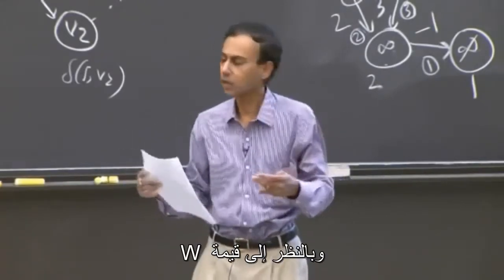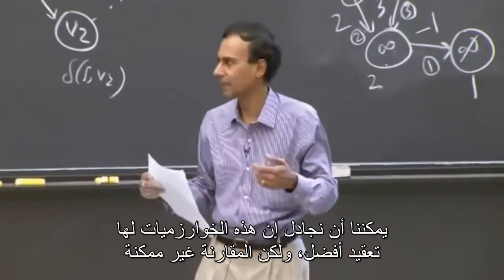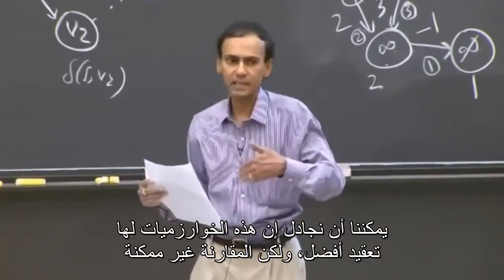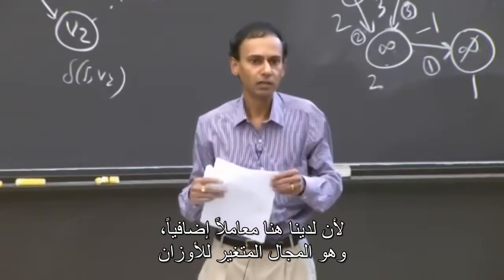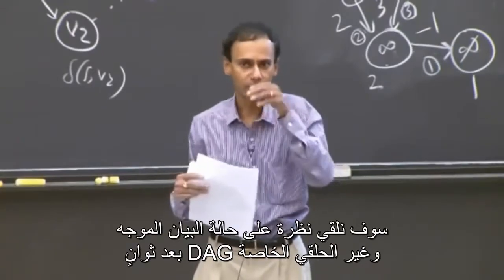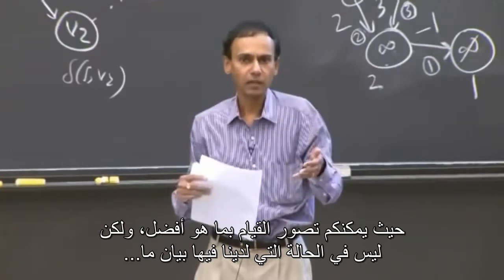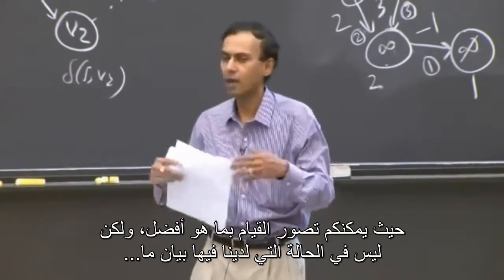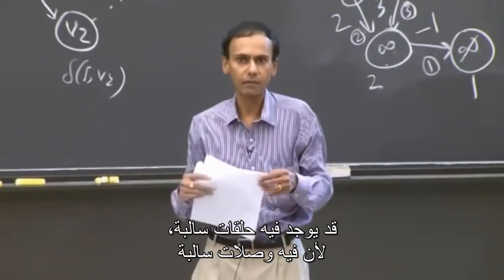And depending on what W is, you could argue that they have better complexity, but they're kind of incomparable in the sense that they have this extra parameter, which is the dynamic range of the weights. Now, there are lots of special cases, like I said, and we'll take a look at the DAG special case in a second, where you could imagine doing better, but not for the case where you have an arbitrary graph that could have negative cycles in it because it has negative weight edges.